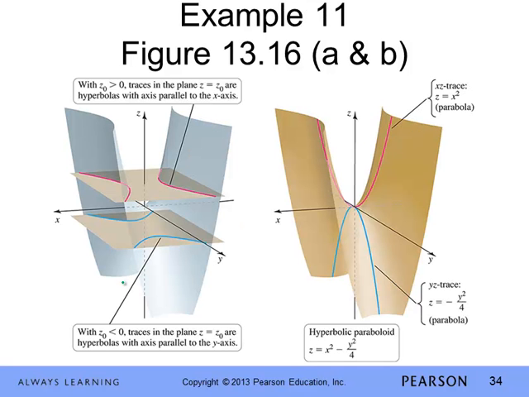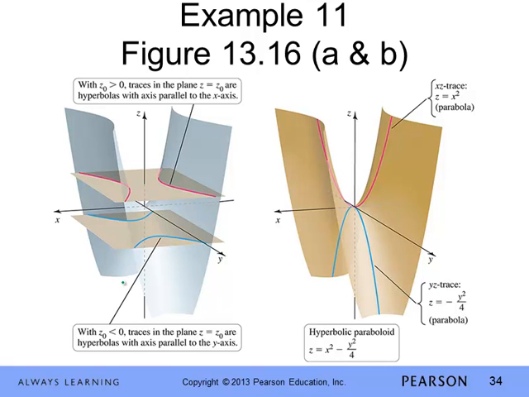Moving on here. This is example 11, a hyperbolic paraboloid. This has the equation z is equal to x squared minus y squared over 4.